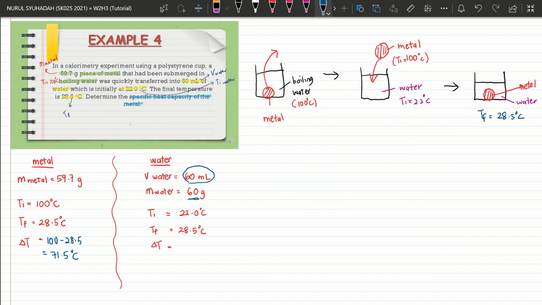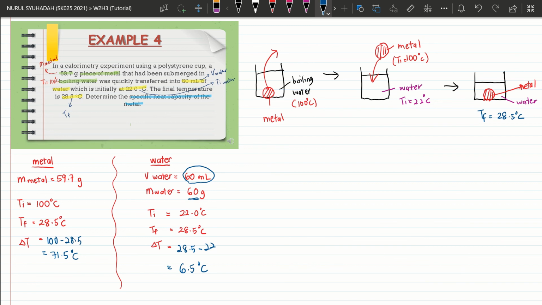The density of water is 1 gram per ml, so the mass of water will be 60 gram. And the delta T for water is 28.5 minus 22. It will always be the bigger temperature minus the lower temperature. So here the delta T will be 6.5 degrees Celsius.